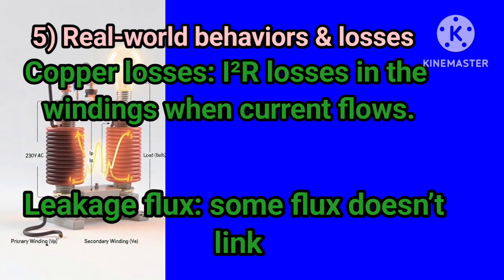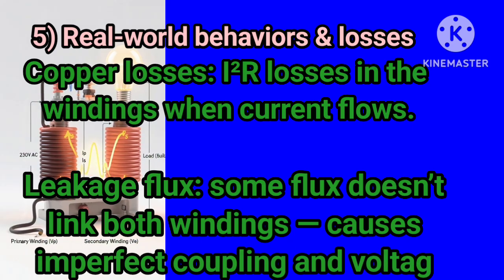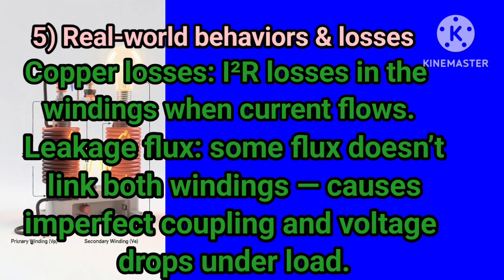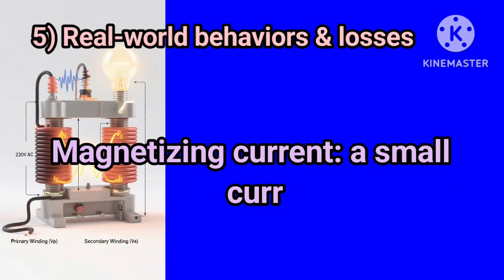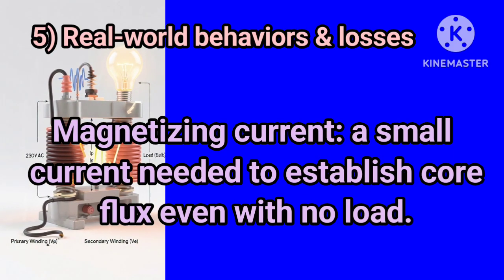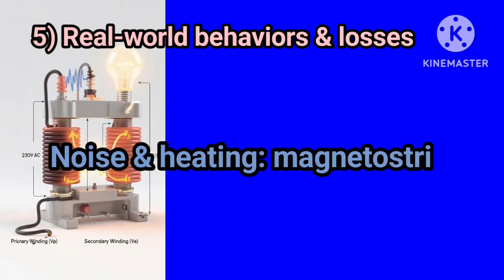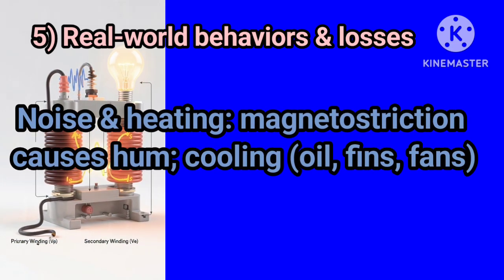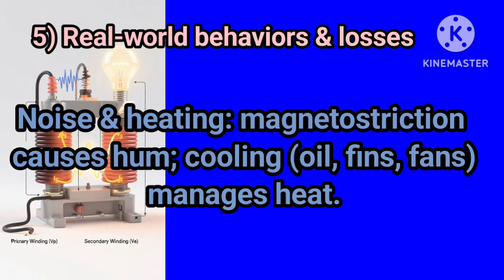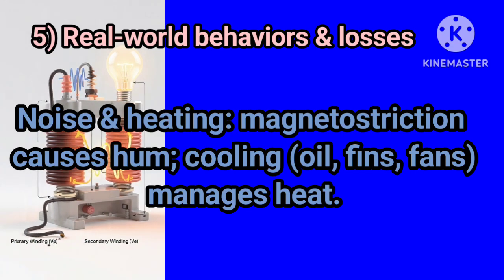Leakage flux: some flux doesn't link both windings, causing imperfect coupling and voltage drops under load. Magnetizing current: a small current needed to establish core flux even with no load. Noise and heating: magnetostriction causes hum; cooling with oil, fins, and fans manages heat.